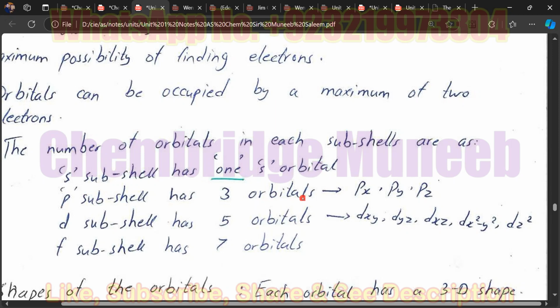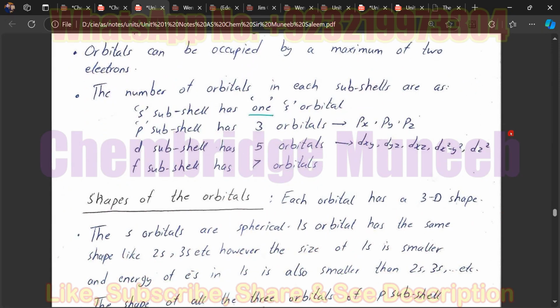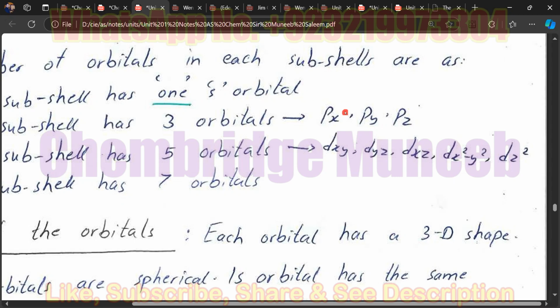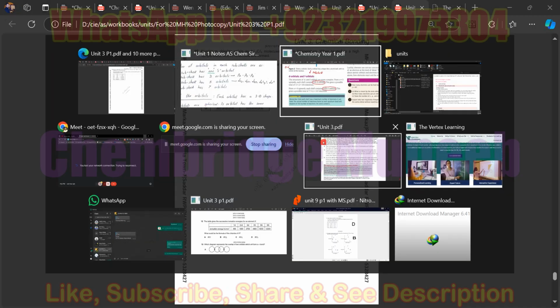The p subshell has 3 orbitals, which are called px, py, pz. The d subshell has 5 orbitals. Their names do not need to be learned. And the f subshell has 7 orbitals, and I have shown you their diagrams. And for all of these orbitals, whether s, p or d, they will contain a maximum of 2 electrons each.